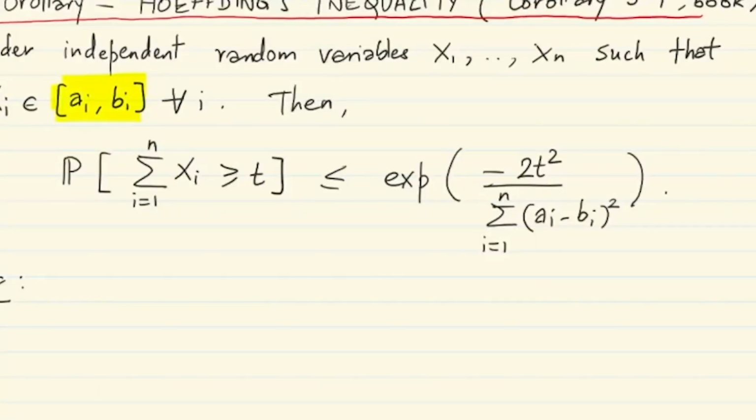Okay. So I should also say that all xi are 0 mean. Okay. Then the probability that their sum exceeds t is at most e raised to minus 2t square by sum over all i of ai minus bi the whole square.